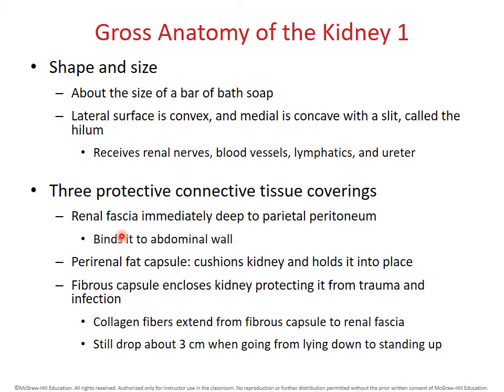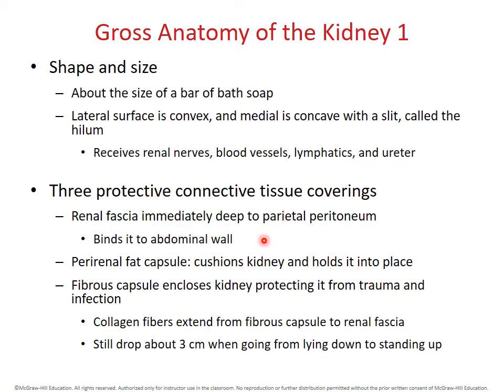The renal fascia is a type of connective tissue that sits just beneath the parietal peritoneum. Again, remember, being retroperitoneal, we're behind the peritoneum. So immediately behind the peritoneum is this fascia, this connective tissue, and it basically binds the kidneys and the adrenal glands to the abdominal wall.